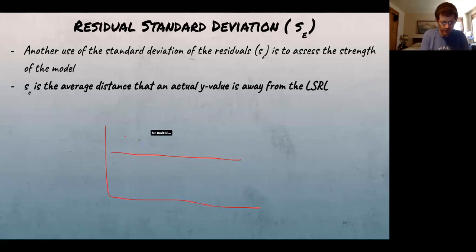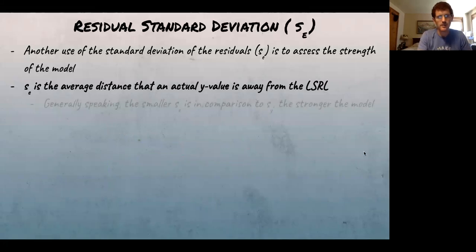If you have a bunch of residuals, I know these dots don't show up very well, then your standard deviation is going to be the average distance that it is away. Maybe this is your standard deviation. And it can be plus or minus.